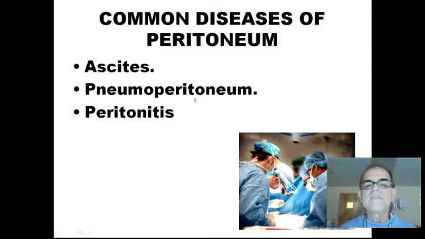Pneumoperitoneum, this is gas in the peritoneal cavity, not for ultrasound. Remember, gas is not the best for ultrasound. And peritonitis is also a very important disease. Ultrasound is limited in diagnosing the presence of peritonitis.